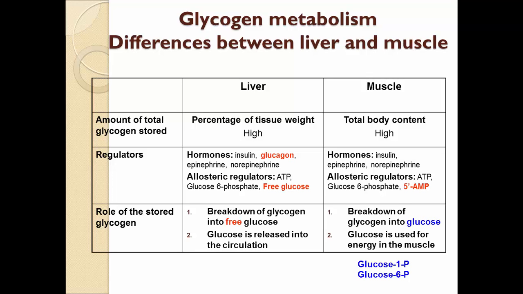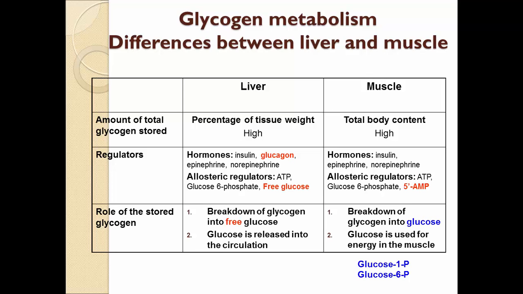And the regulators, hormone and allosteric regulators. Both liver and muscle glycogen metabolism can be regulated by insulin, epinephrine, and norepinephrine, but glucagon only regulates liver glycogen metabolism, and not the muscle.